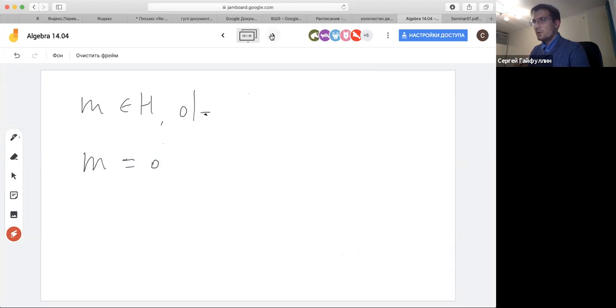So M equals D multiplied by Q plus R, and R is not bigger than D.